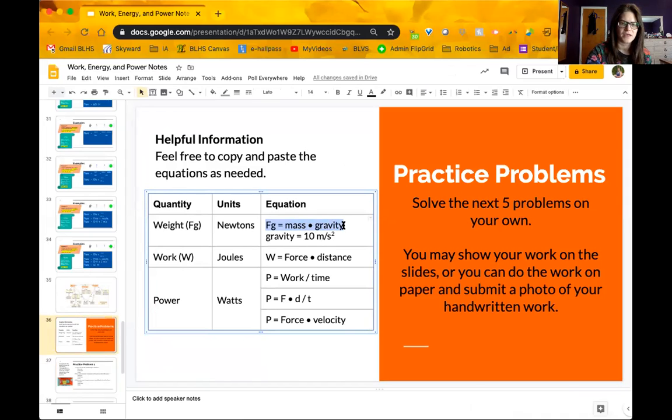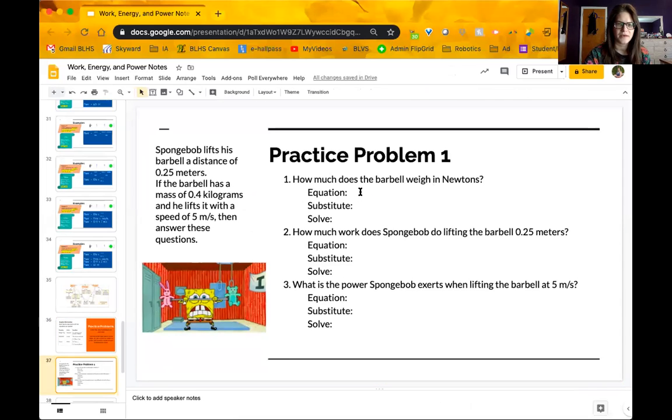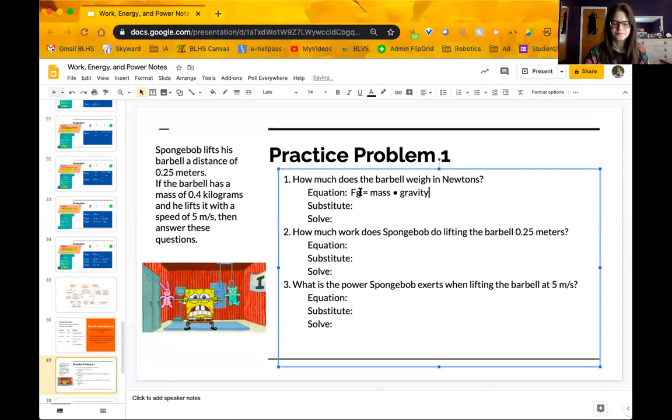And if you just do Command C and then come back here, then you can paste in that equation. And then where it says to substitute, we're still going to say Fg, and then that is equal to, according to this problem, the mass was 0.4 kilograms, times, if you want to do the round times, if you hold down the Option key and then click 8, that will give you a little round times symbol, a dot instead.